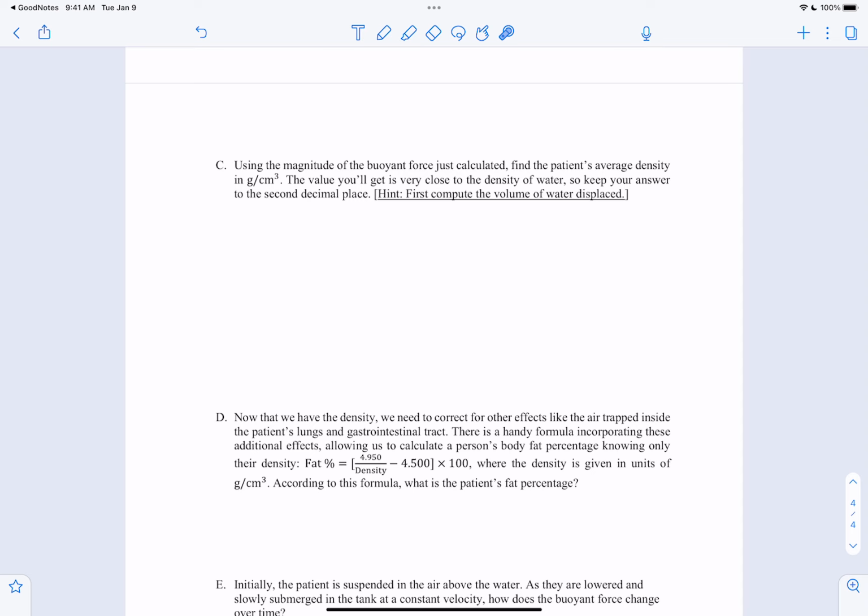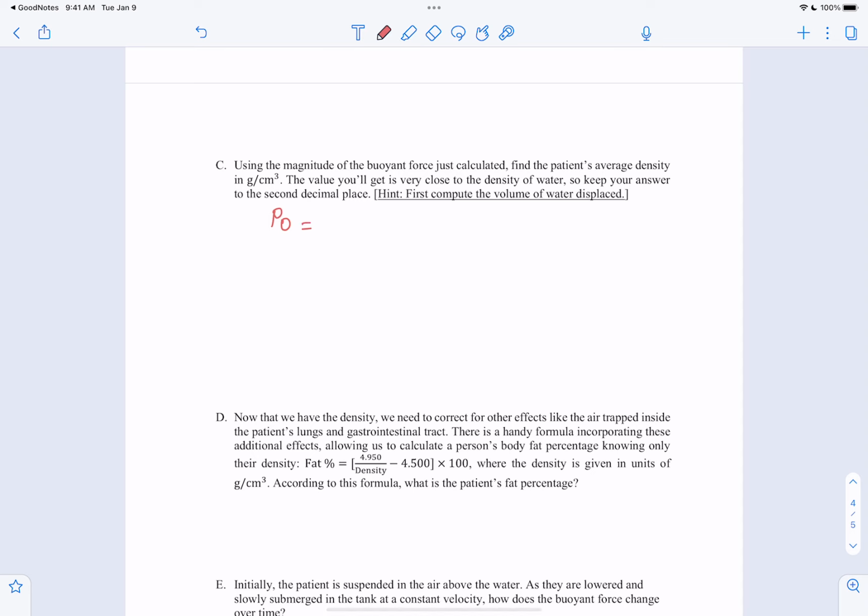So if we're looking at, what's it called? I've totally lost my train of thought. Yeah, we're trying to find the density, my bad. So the density of the patient. This is the fancy P, this is rho of the object.